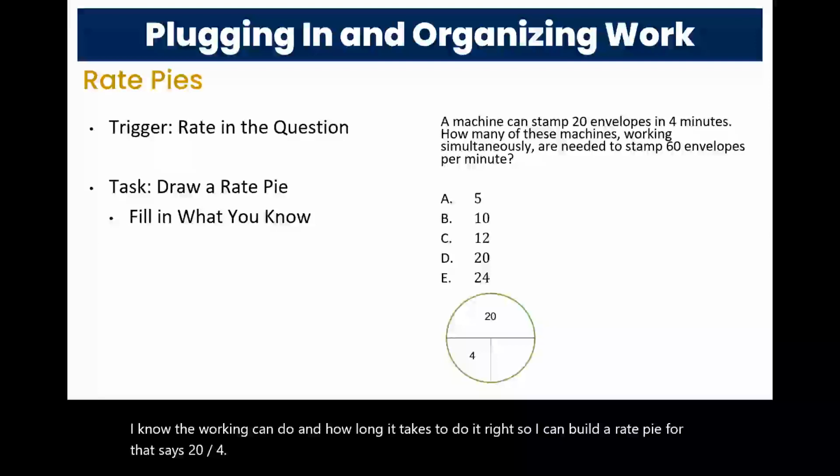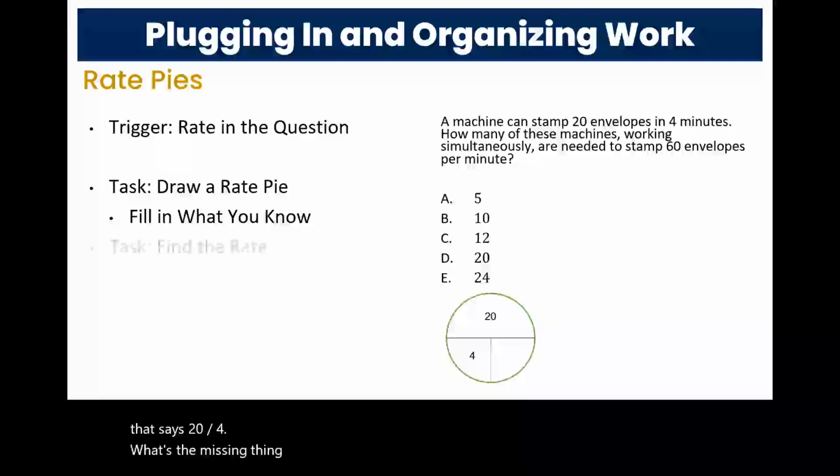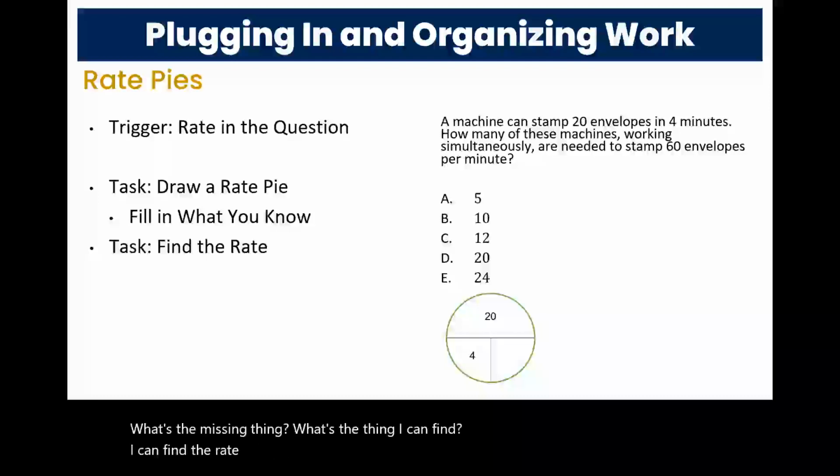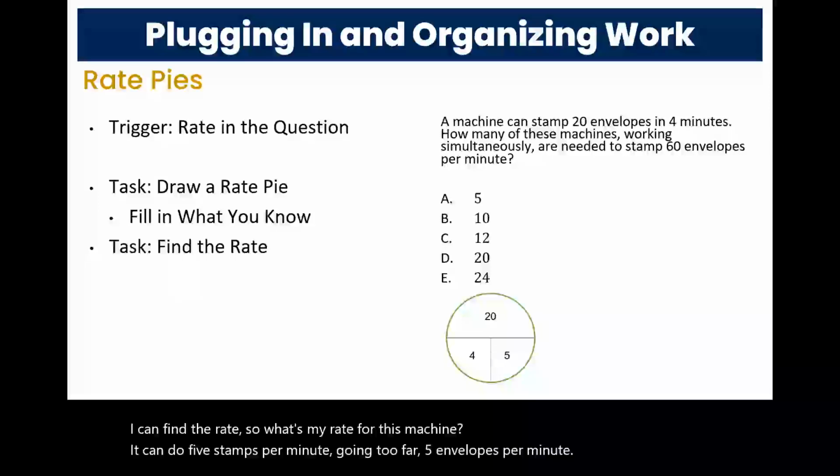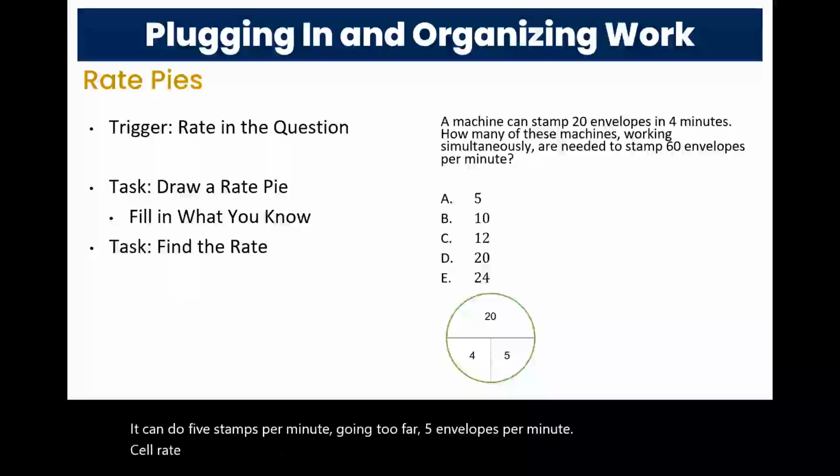What's the missing thing? I can find the rate. So what's my rate for this machine? It can do 5 envelopes per minute. So rate of 5.